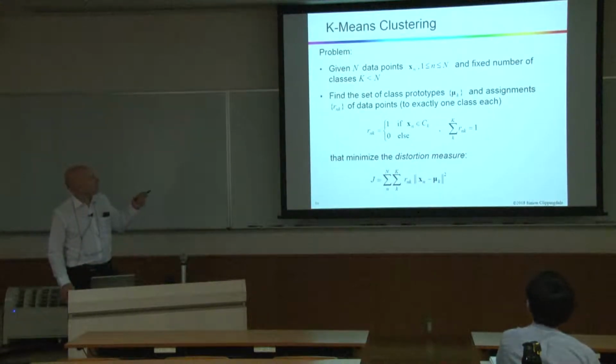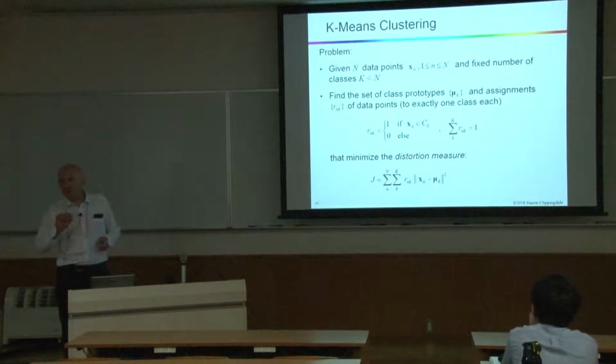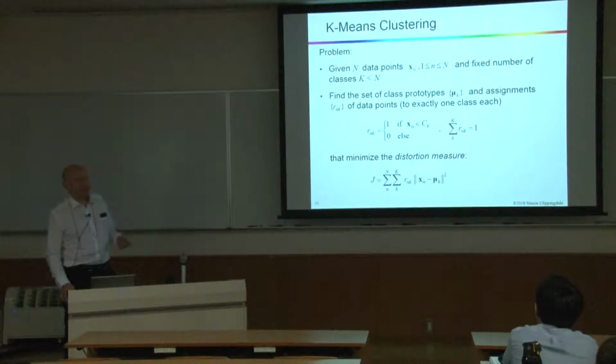So now I'm going to look at the k-means clustering algorithm. So we're given n data points, here they are, and a fixed number of classes, which is less than the number of points. And we're going to try to find the set of class prototypes, class means, if you will, and the assignment of each data point to one of those classes, which are described by this variable, which is a 1 if the nth point belongs to the kth class, and it's a 0 otherwise.